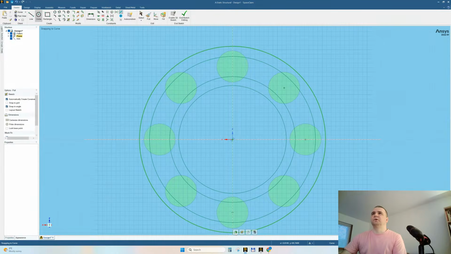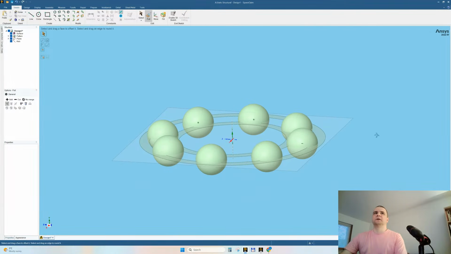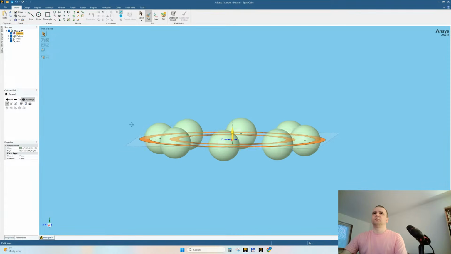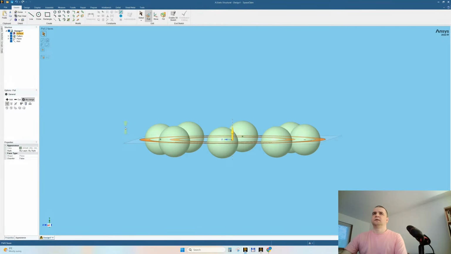Return to 3D mode. And here you will understand what we do, yes? We click no merge. We select both faces or surfaces, and we will extrude them, yes? Let's make a guesstimation, something, undo.